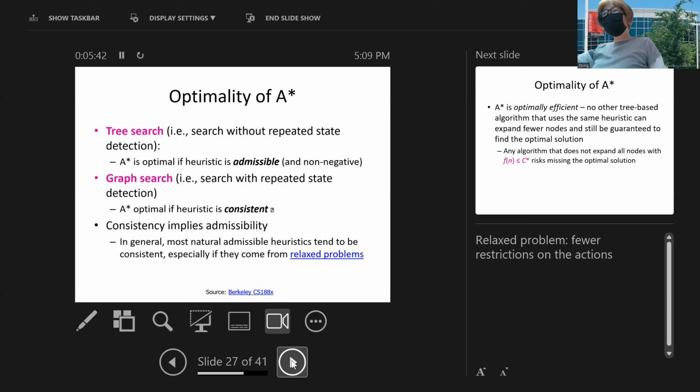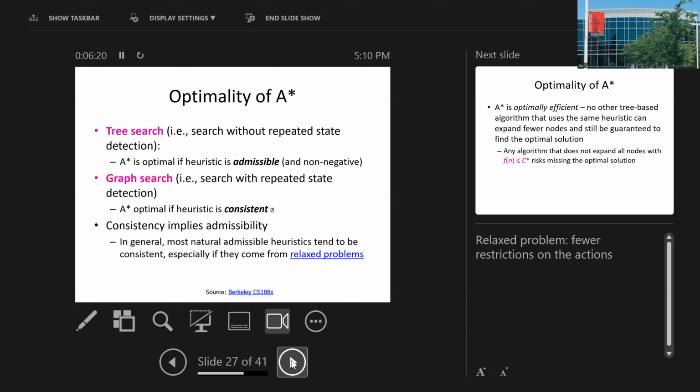There is a difference between consistent and admissible. Consistent means a node's heuristic must be less than or equal to the actual cost between the node and its successor plus its successor's heuristic. So that is guaranteed to be consistent. Here is the difference.